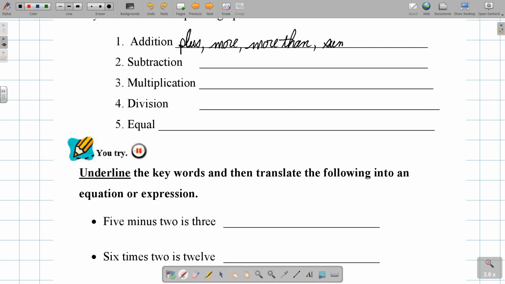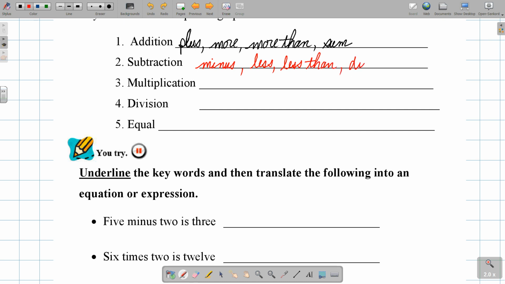Multiplication: product, times, and often the word of. Occasionally the word per. That's only occasional though.